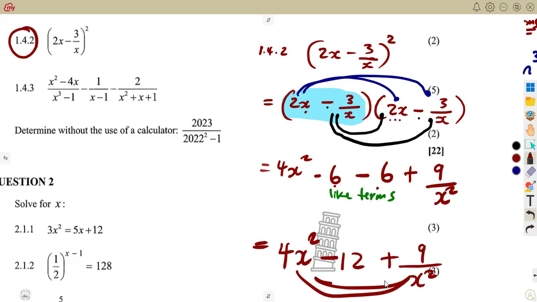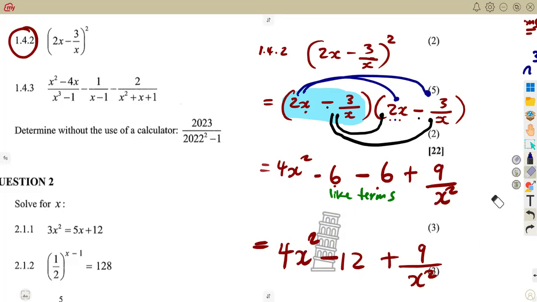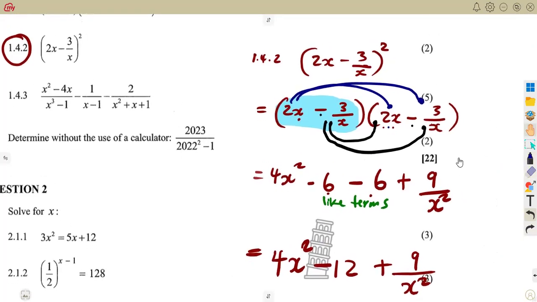These are not like terms, guys. This is x squared. 9 over x squared, remember, is the same as 9x to the exponent of minus 2. They are different. So they cannot be added or simplified, this part. So in this case, we are done like this.